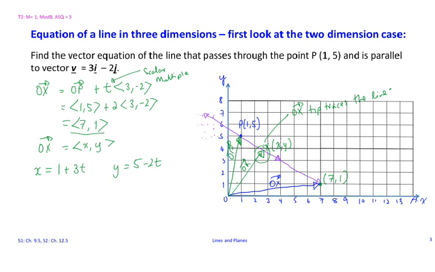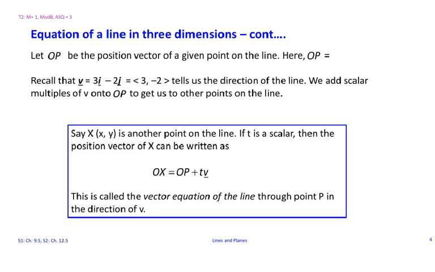Usually with regards to t, you're looking to see where the line intersects, say, a plane. These are the parametric equations of a line, and you can substitute them into equations of planes to find particular points. Okay, so moving on.